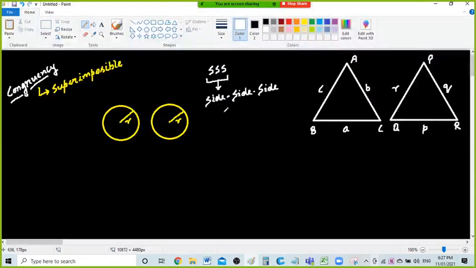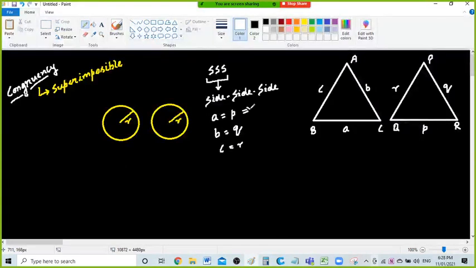And this says that in case all the three sides are equal to their corresponding sides, then these two triangles will be considered to be equal. So let's say if small a equals small p, small b equals small q, and small c equals small r.